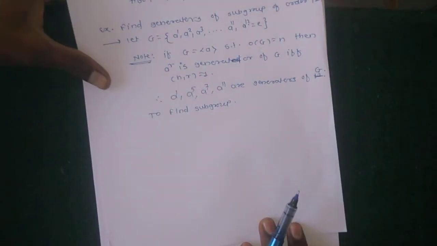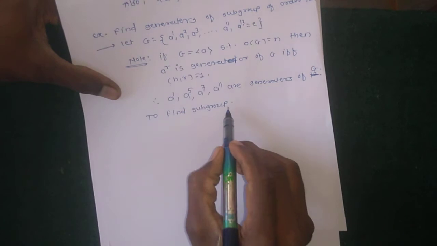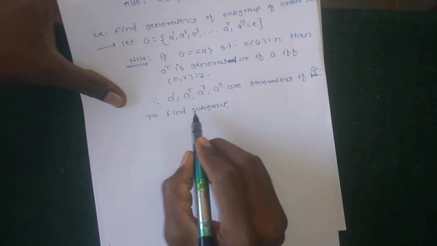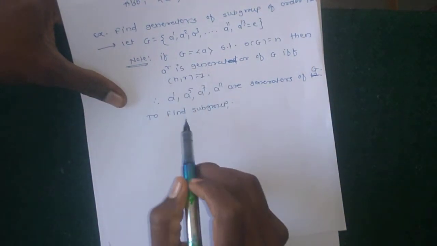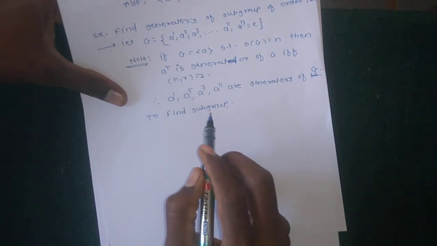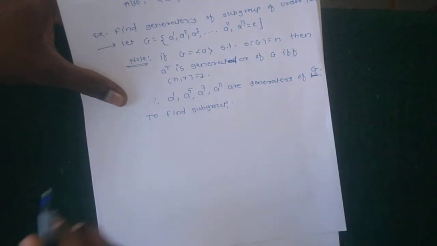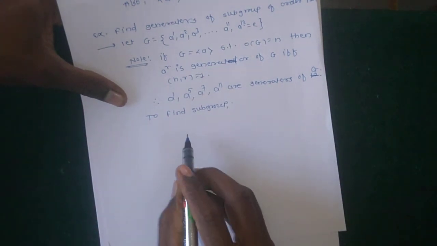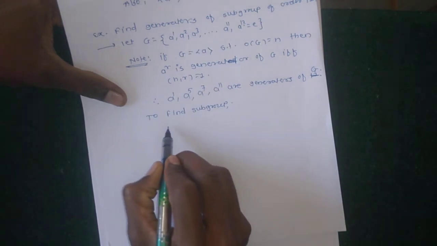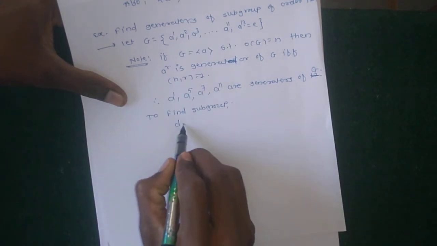So what is Lagrange's theorem? If G is finite and H is a subgroup of G, then the order of H divides the order of G. Using this, firstly, to find subgroups we need the divisors of 12.